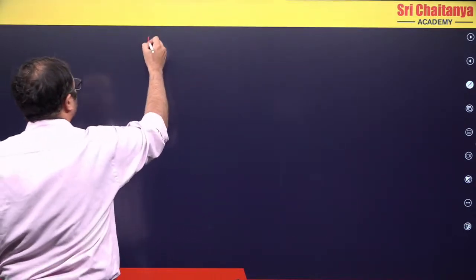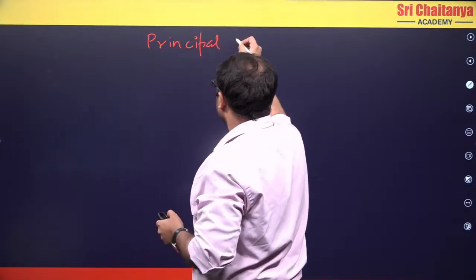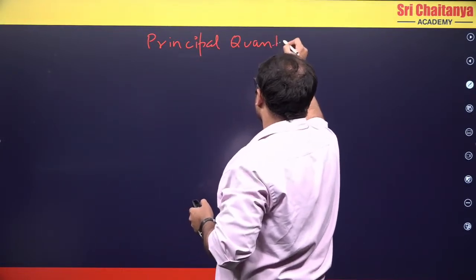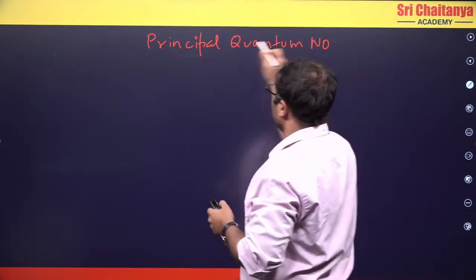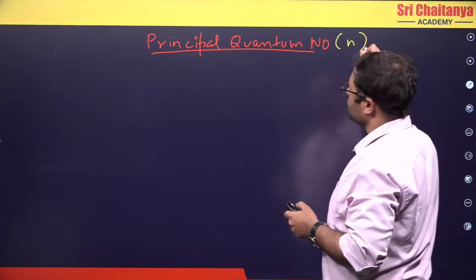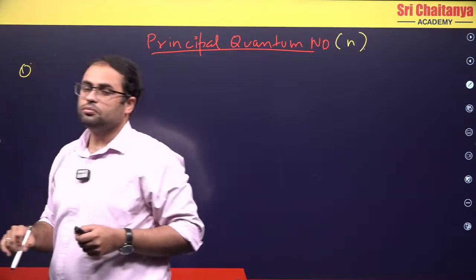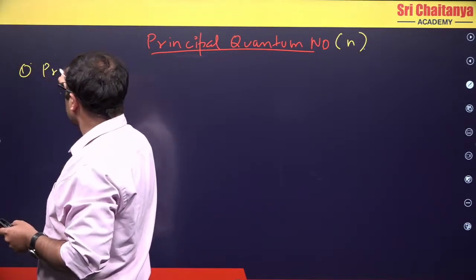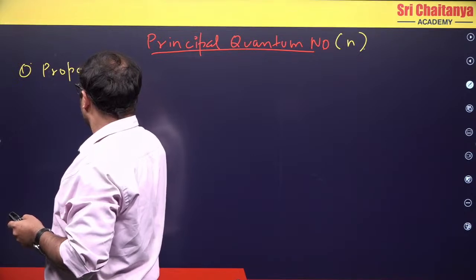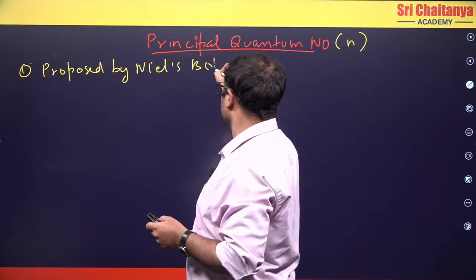So now I'm going to talk about the principal quantum number, represented by small n. There are some points related to it. The first point, this was proposed by Niels Bohr.